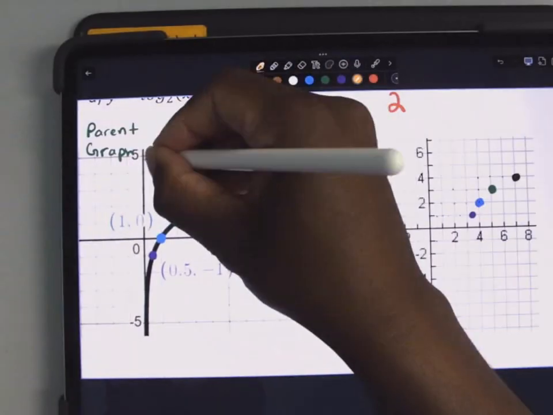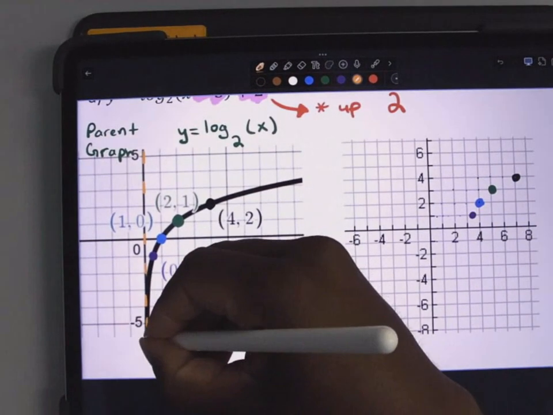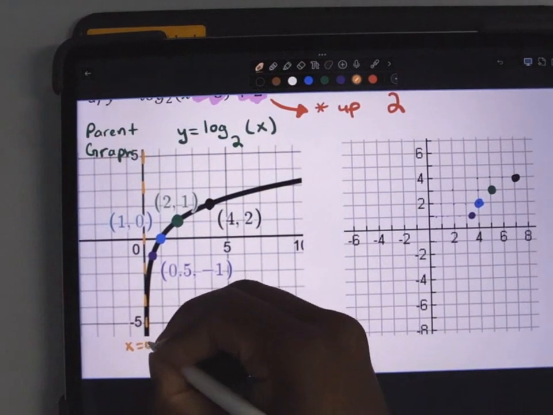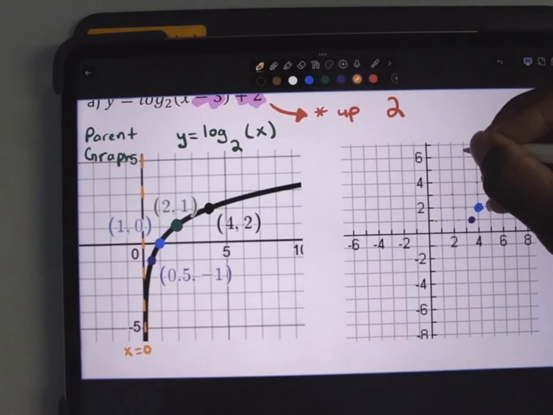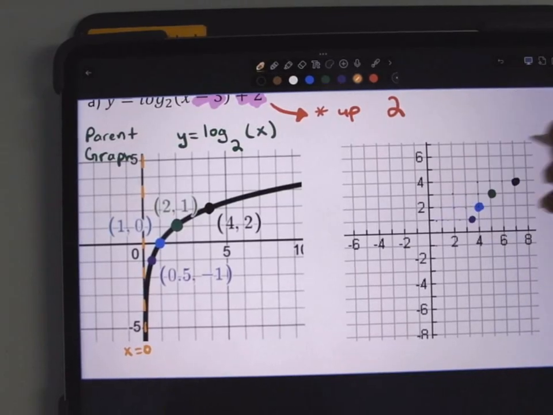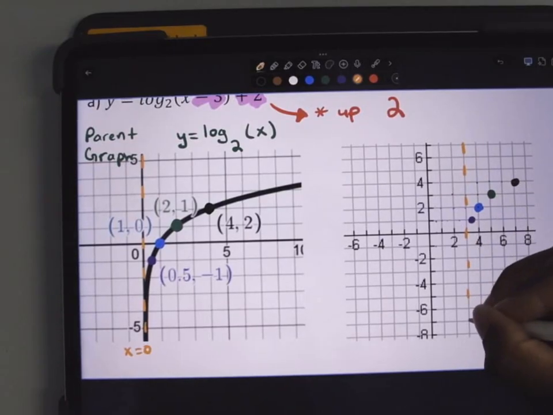So something to note, our asymptote was at x equals 0. But when we shifted the graph to the right by 3, the asymptote also shifts by 3. So our new asymptote will be at x equals 3.